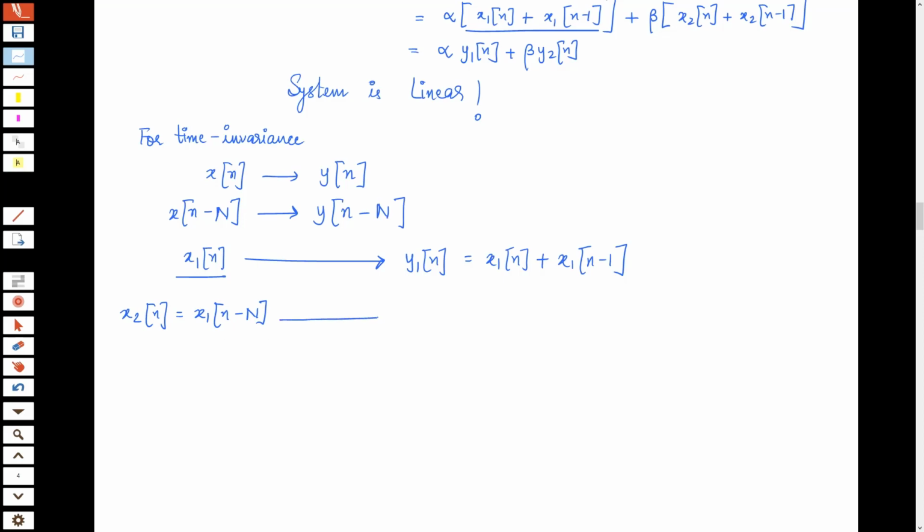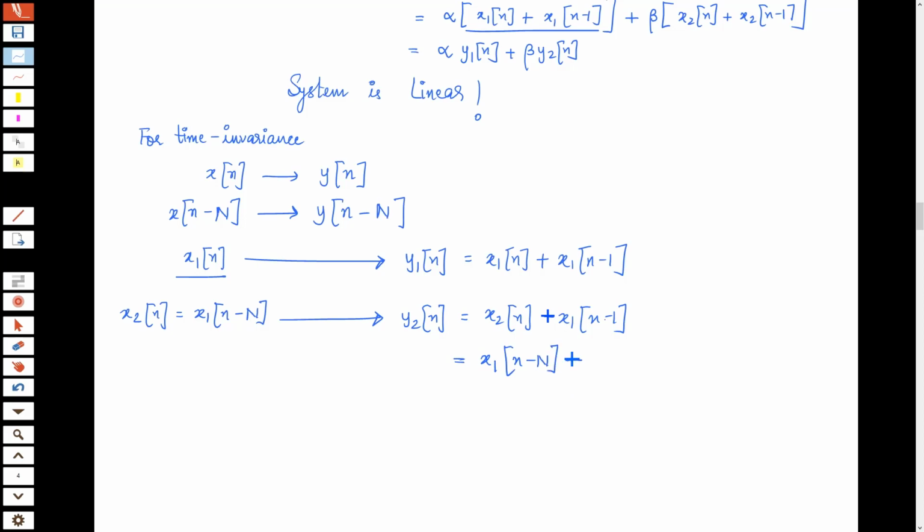So when x2[n] is fed in, what should y2[n] be equal to? y2[n] should be x2[n] plus x2[n-1]. So what is x2[n]? x1[n-N].